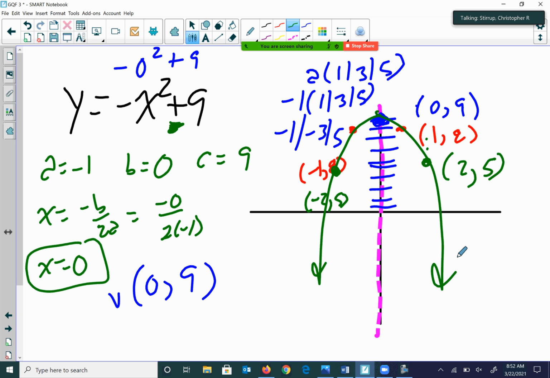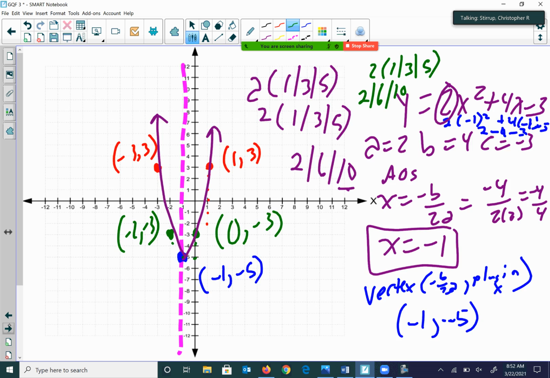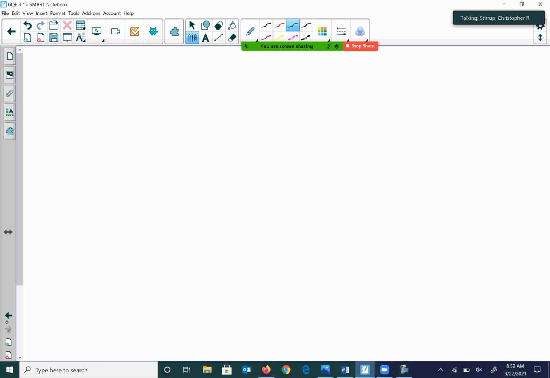So we're going to skip number 2. And I'll put it on Schoology if you don't have the page, but you'll have to give me a little bit to get it there. So you're going to do graphing quadratic functions number 3. It's page 59.